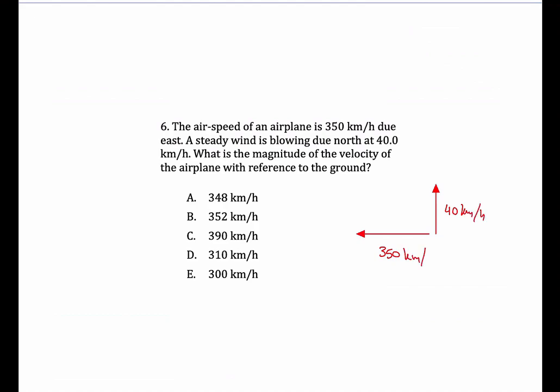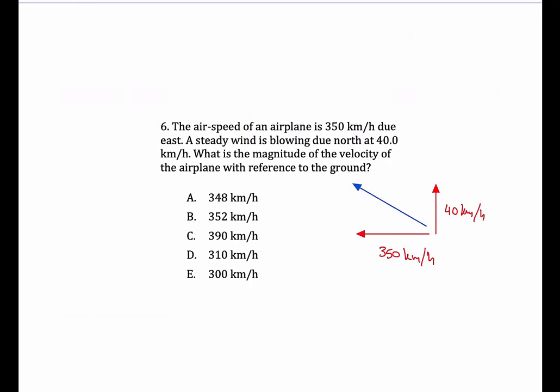And we need to find the velocity of the plane with reference to the ground. Here we can answer with common sense that since the plane is moving east and the wind blows it north, the velocity of the plane will be exactly in the diagonal.